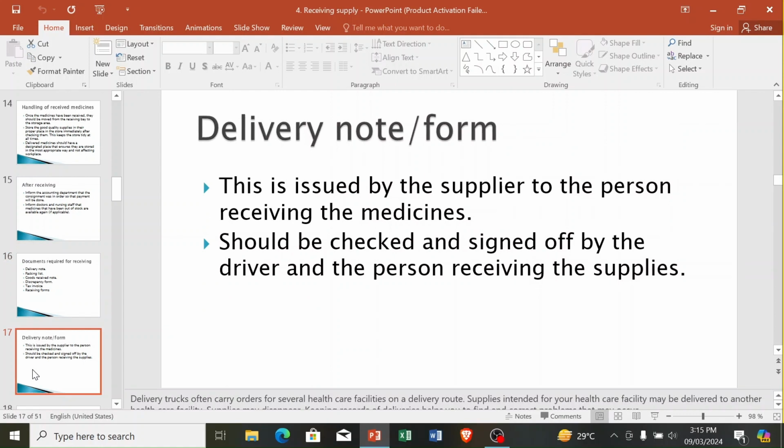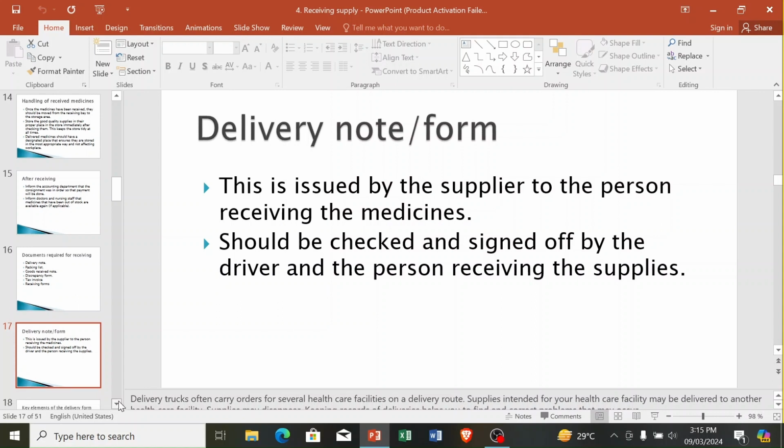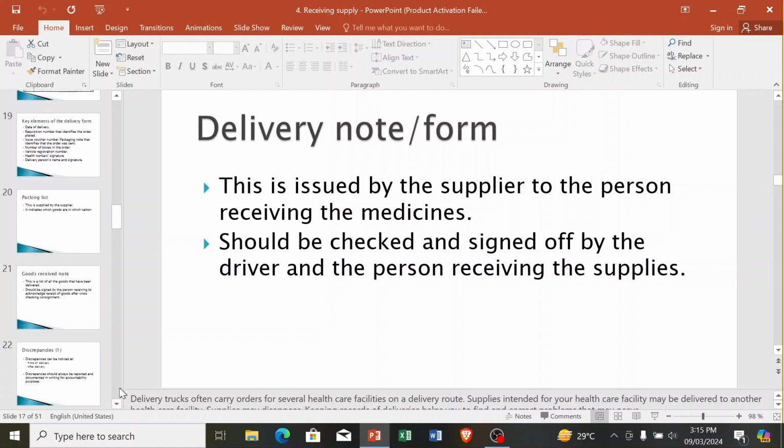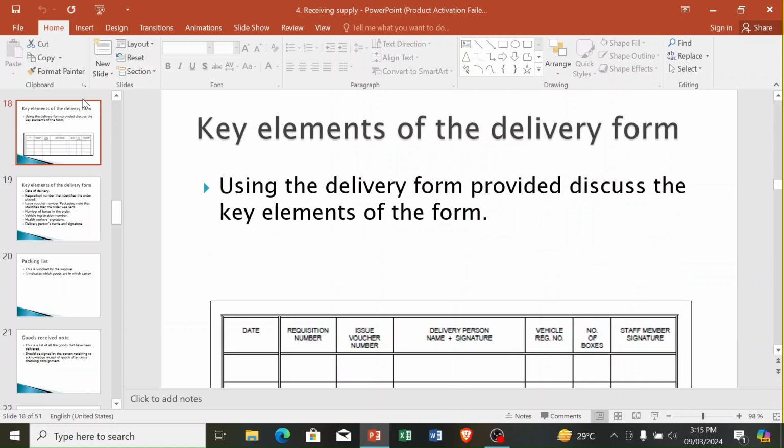So a delivery note is issued by the supplier to the person receiving the medicine. It should be checked and signed off by the driver and then the person or people that are receiving medicines. And then we have the key elements of how a delivery form may look like.